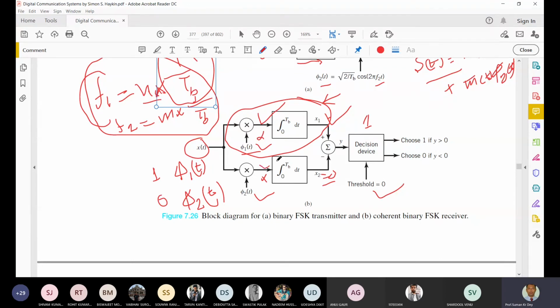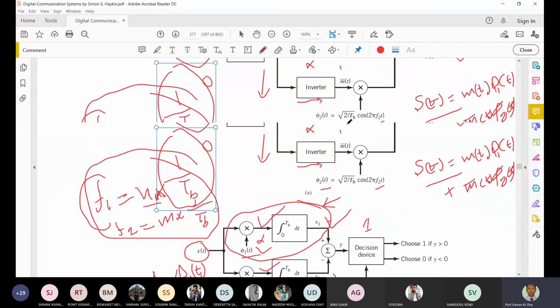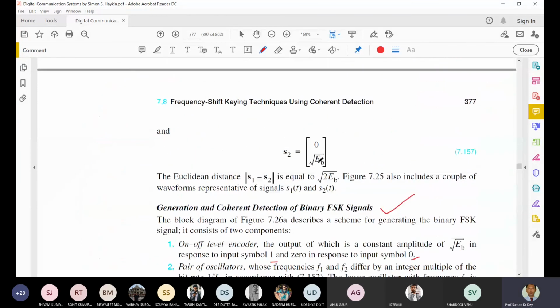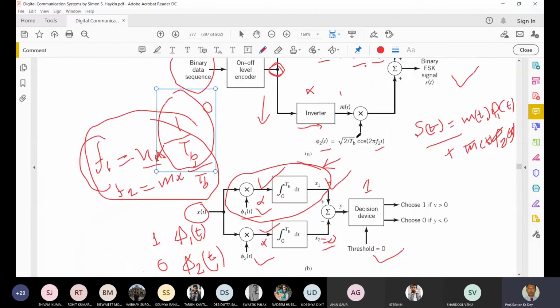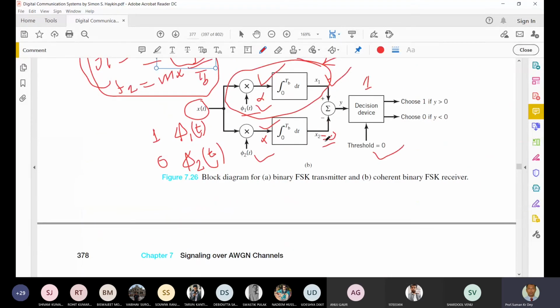And in this case, there will be a value, and this value will be negative, because, if you see this point, basically this is the difference. Suppose you are getting some value over there, say square root of Eb, after multiplying this. So now 0 minus square root of Eb, that means it will give us the negative value.